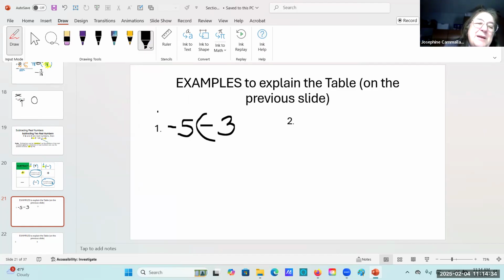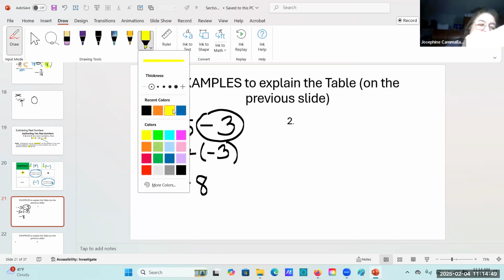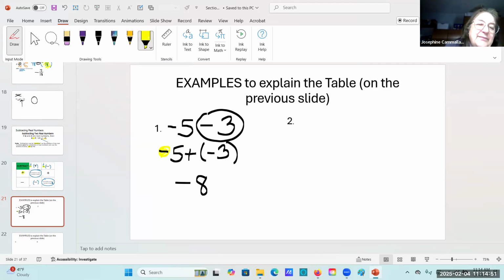Well, you have to remember that this means -5 plus a -3 means -8. Signs are the same. And notice I'm giving you some examples. I'm adding a negative number.